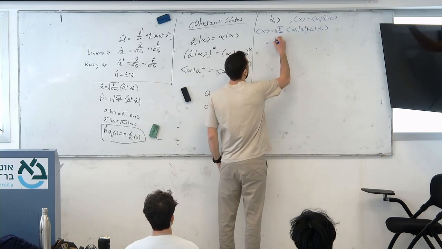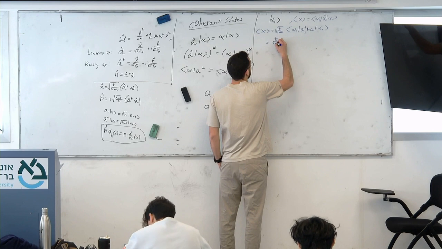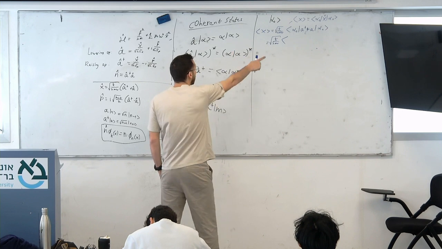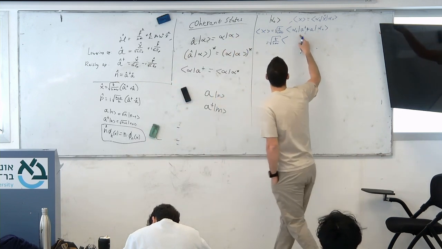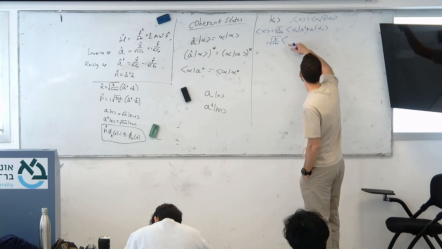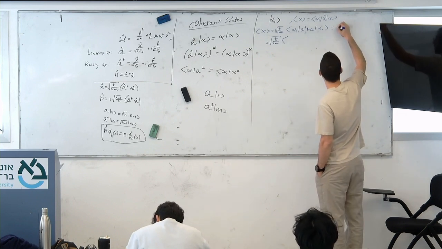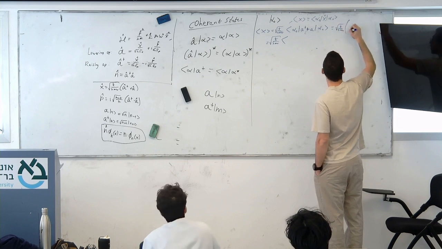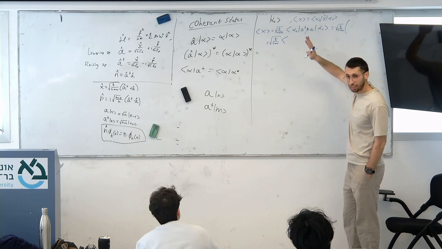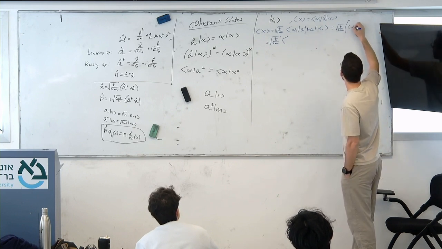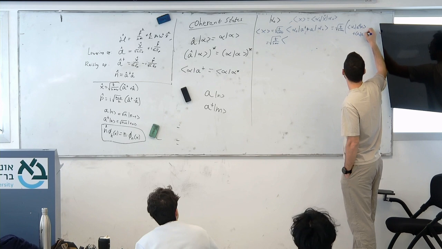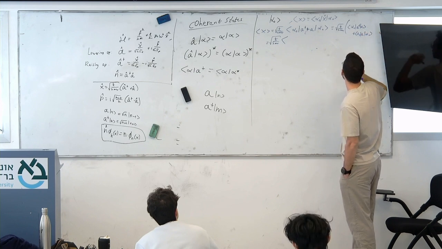So this is equal to square root of h bar over 2m omega, and since I have some unclear operators, let's write another step: <alpha naught|a dagger|alpha naught> plus <alpha naught|a|alpha naught>.